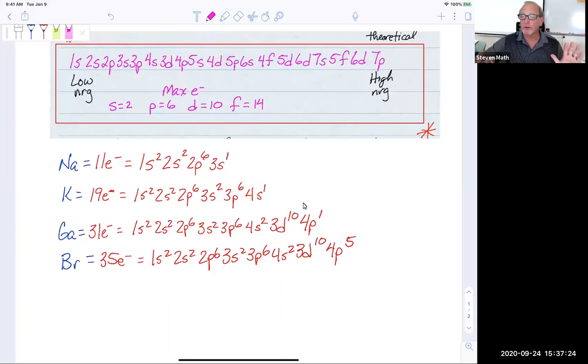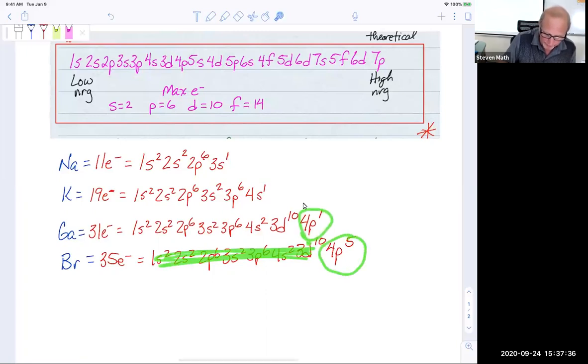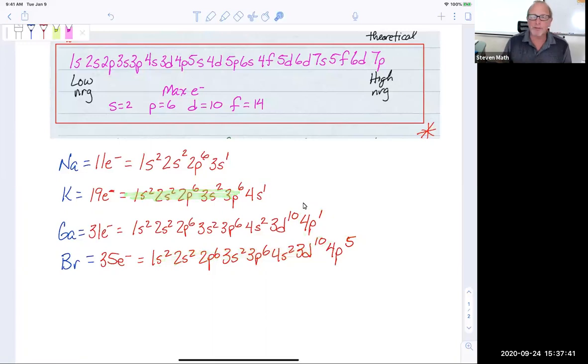It doesn't have to fill. It can be less than filled as long as it's at the very end. Everything before the very end has to be filled up, but the very last one does not have to be.